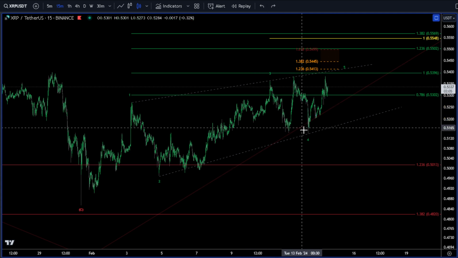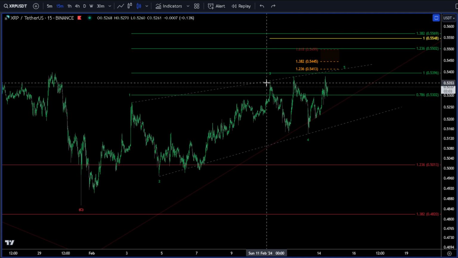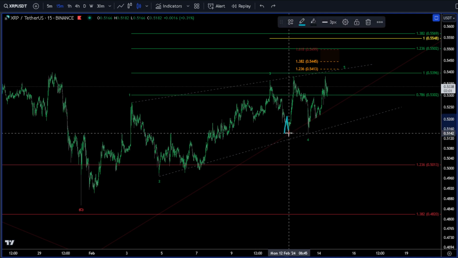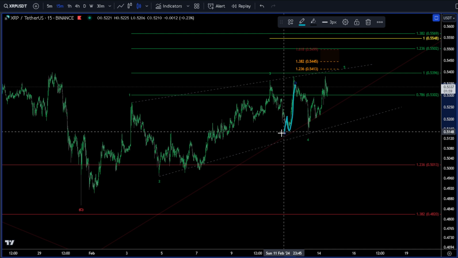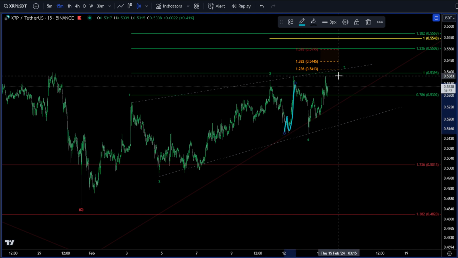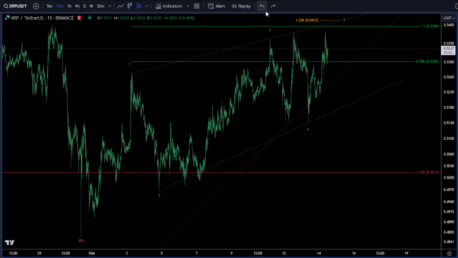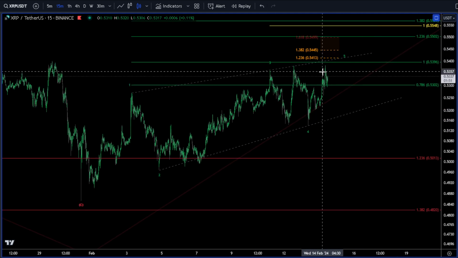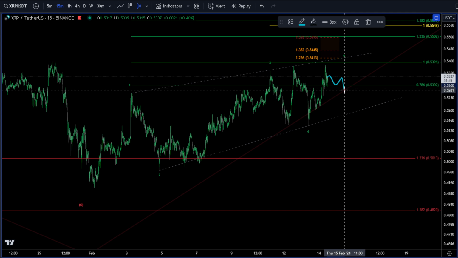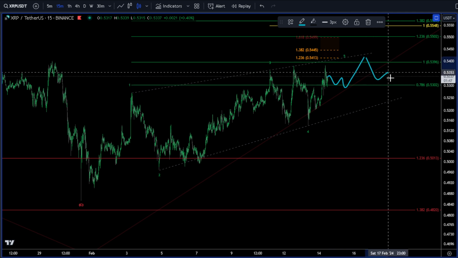Other alternative I have labeled here, which is this is our 4th wave, and this was actually an expanded flat down here, and working on our 5th wave again. So it looks like we have 3 in. This could come back, make another move to the upside and then retrace.